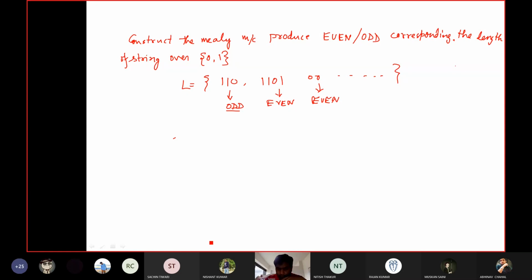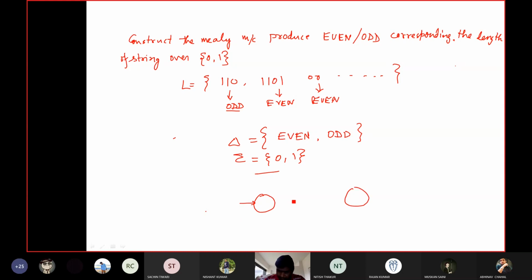Then that means your output alphabet delta now has two symbols, even and odd, right? And sigma is 0 and 1. So you write this: when we apply any input 0, then if it is a single length string 0, the output is odd.